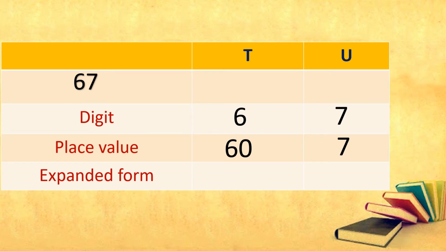Now, let's find out the place value of each digit. The place value of digit 6 is 60 and the place value of digit 7 is 7. So, the expanded form of number 67 equals 60 plus 7.